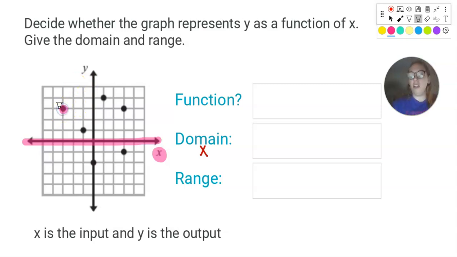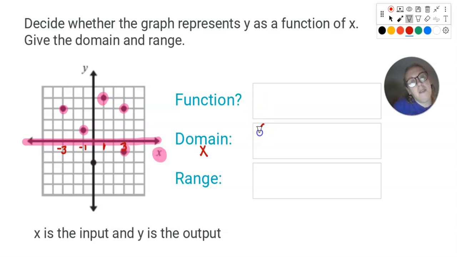Furthest to the left is our smallest x value, which is at -3. The next x value is at -1. Then we have an x value of +1. And these both have an x value of +3.